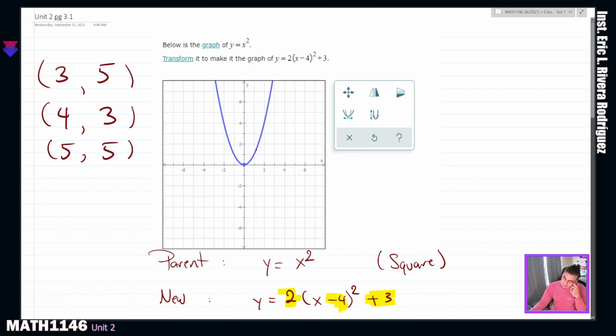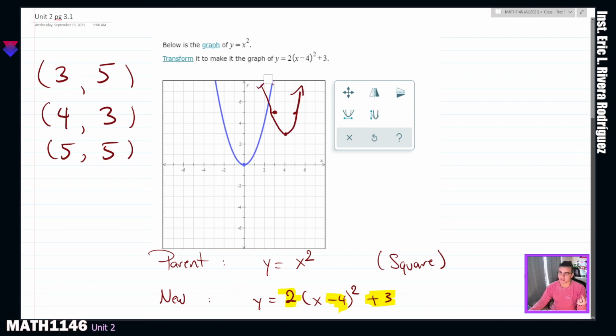So if we draw this by hand, we need to plot these points: 3 and 5, 4 and 3, and 5 and 5. And this is going to be the new graph here.